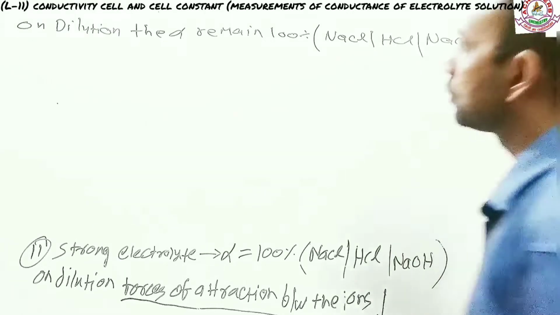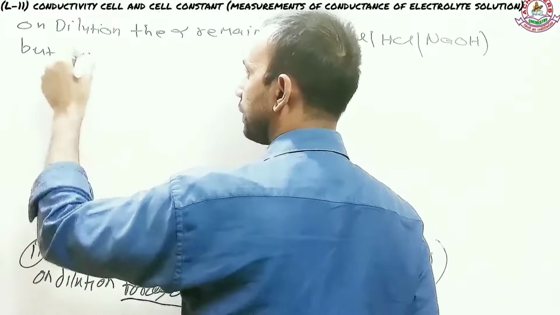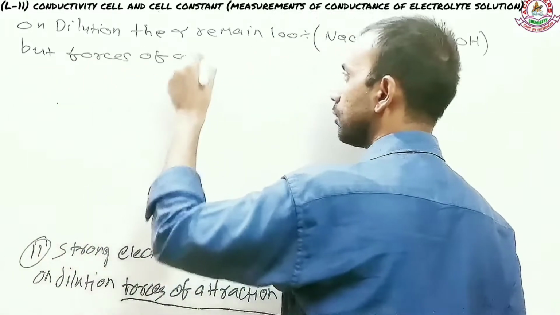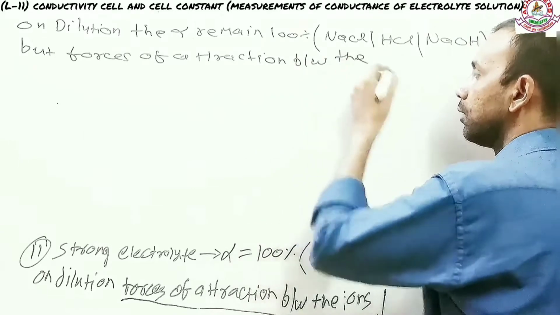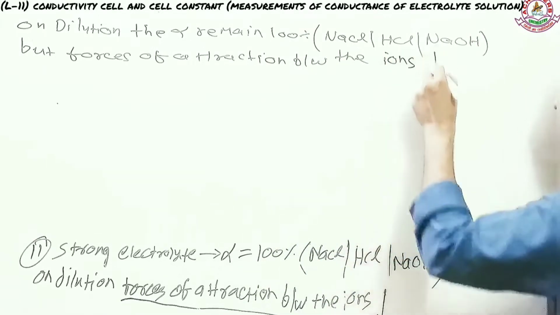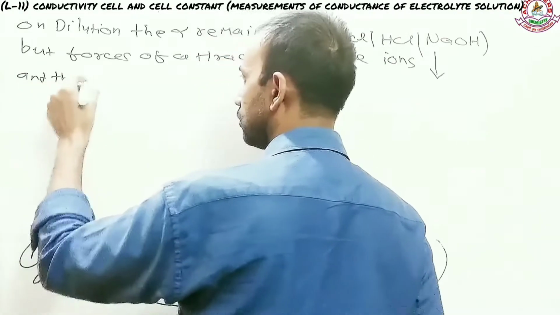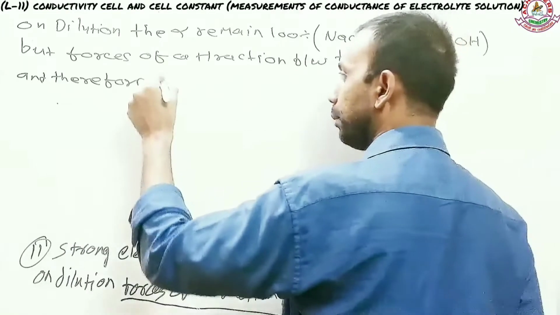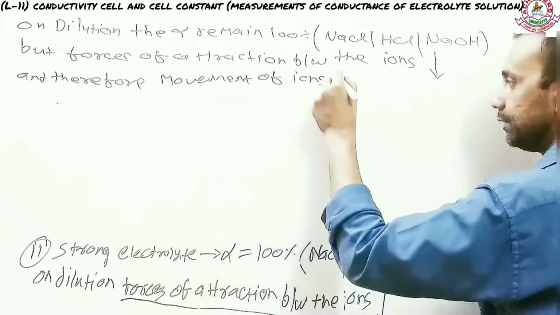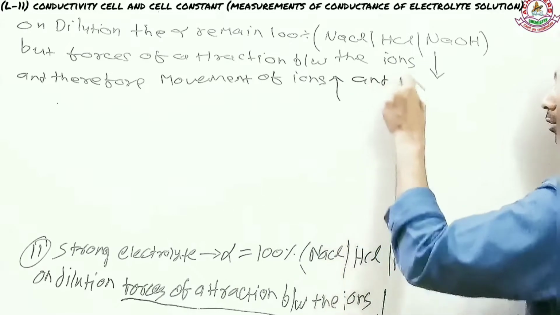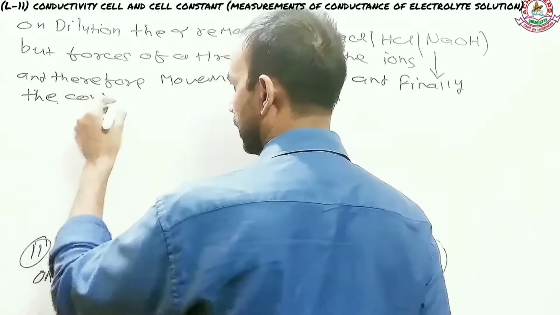So on dilution, the alpha remains the same, but the forces of attraction between the ions decrease, and therefore movement of ions increases, and finally the conductance also increases.